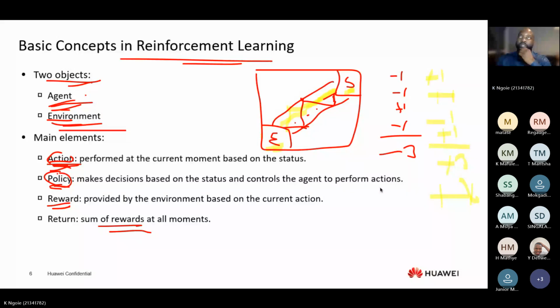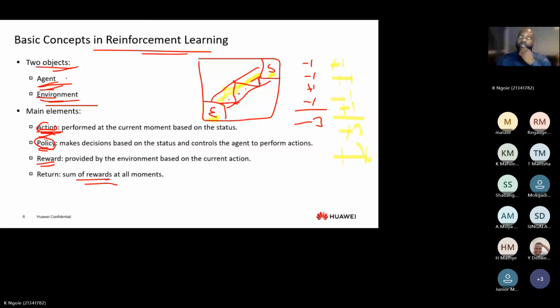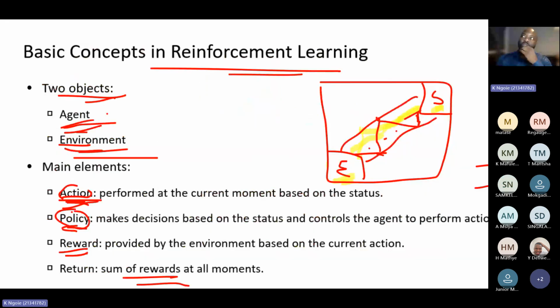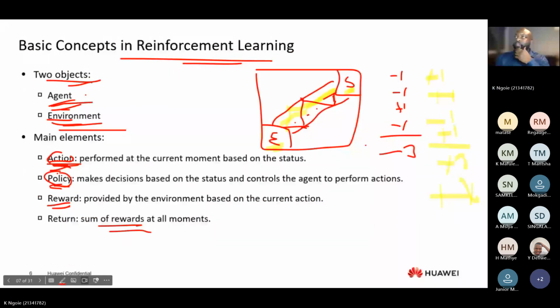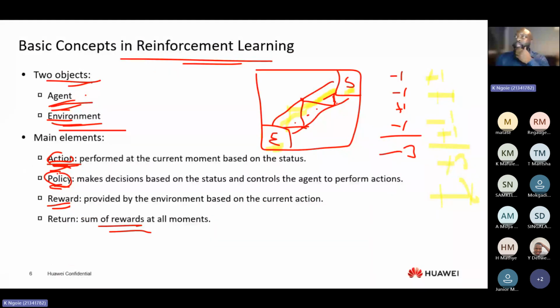Anyone? How many actions are we taking there? Anyone can unmute yourself? According to this explanation, how many actions, how many steps? So how many actions is our agent taking?